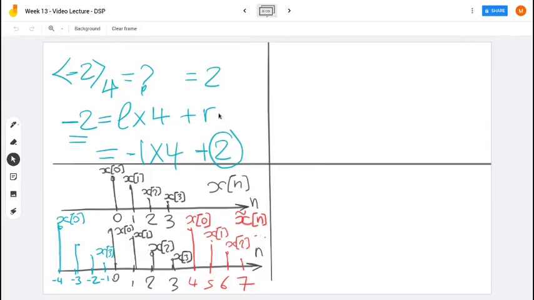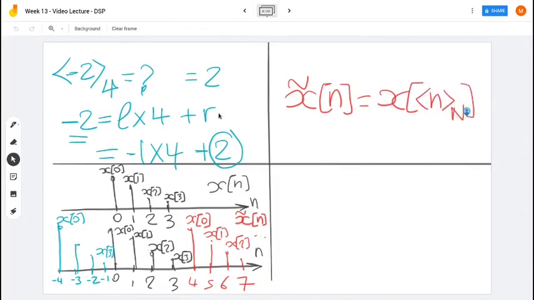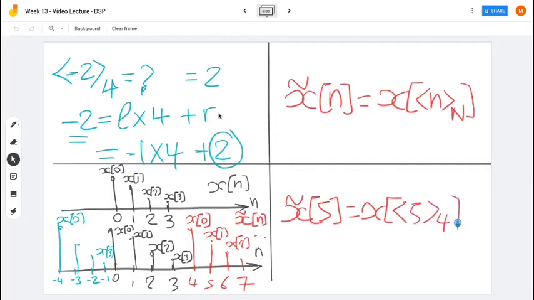How is that? So the equation says x tilde of n is equal to x of n modulo N. So let me ask you, what is the value at n equal to 5? So x tilde of 5 would be x of 5 modulo 4, and if you compute 5 modulo 4, it will be x of 1.